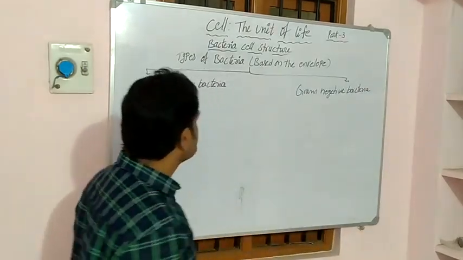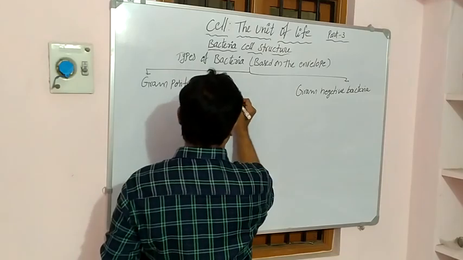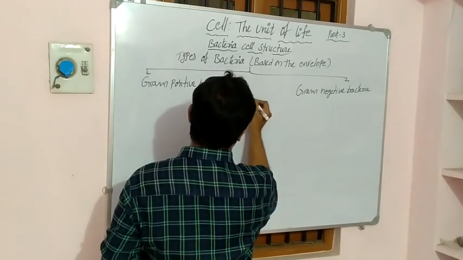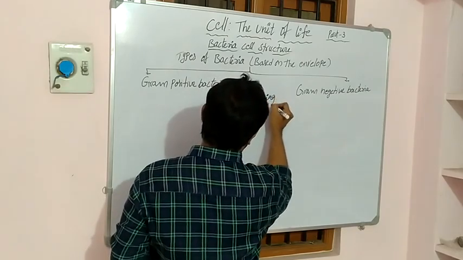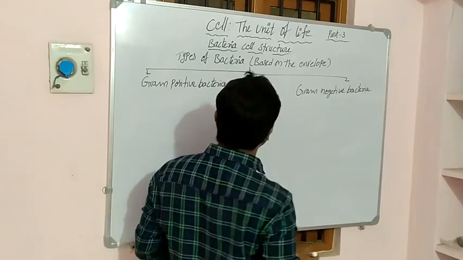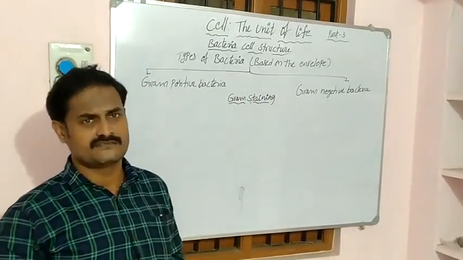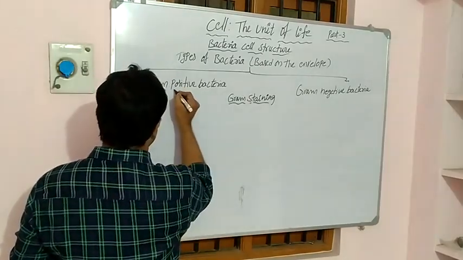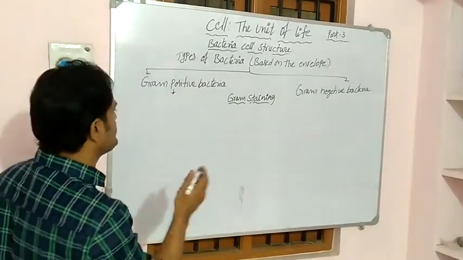How do we find out which is gram positive and which is gram negative? With the help of one process, gram stain or gram staining. Gram staining means addition of colors or chemicals to the bacteria cell. Suppose I discuss the gram positive bacteria. How to determine?